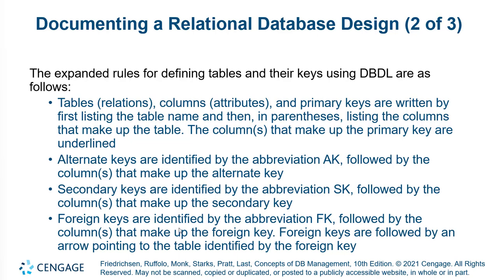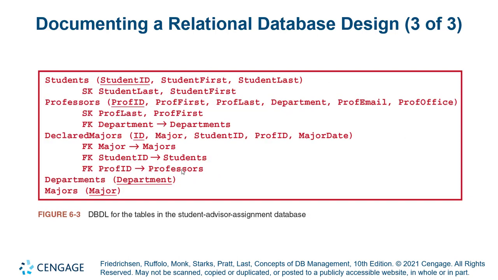All right, so let's take a look at what this all looks like instead of just talking about it. Here's an example. We can see our shorthand notation as the first line. That should be familiar. We have the table name, then each column, each attribute, and the first column is the primary key, and we know that because it's underlined.